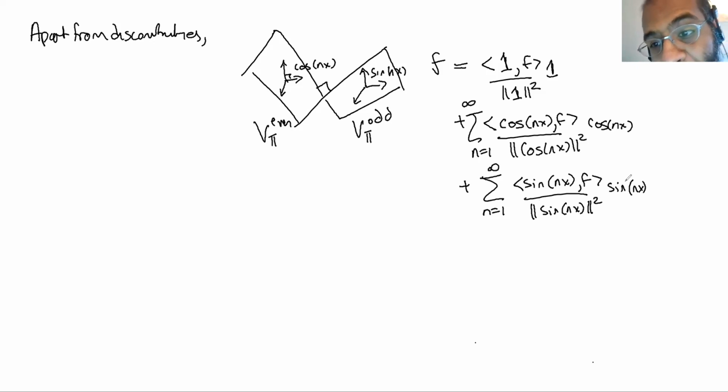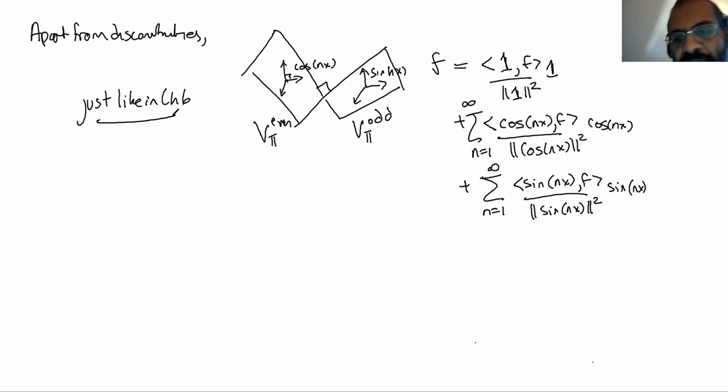Just like in chapter 6. Somebody's asking, why is it the average of left and right limits at a discontinuity? We unfortunately can't prove that. You'll have to take, I think, math 104 or maybe 105 for that.